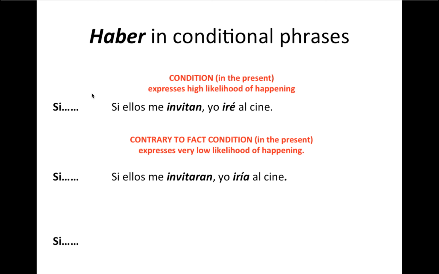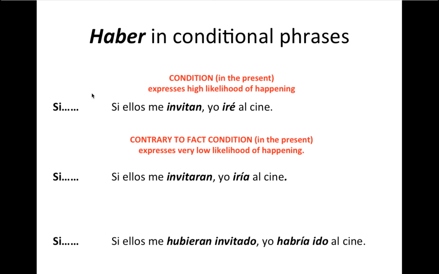In other words, it's probably impossible, but they could invite me, but I doubt that they will. Notice that instead of using present tense, invitar, there's past tense subjunctive. The formula is si, if, plus past subjunctive, plus conditional. I would go.